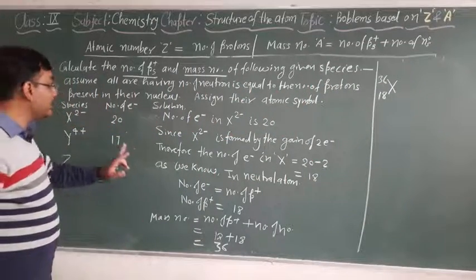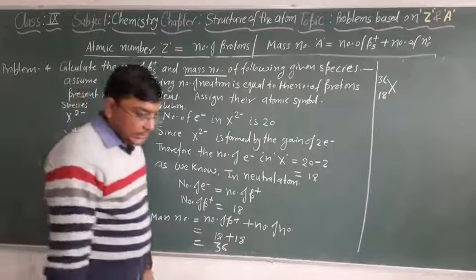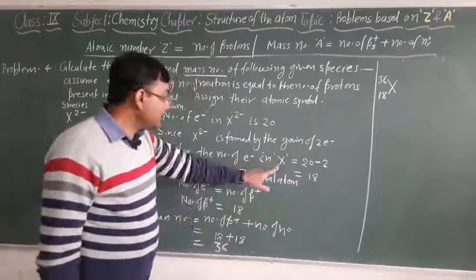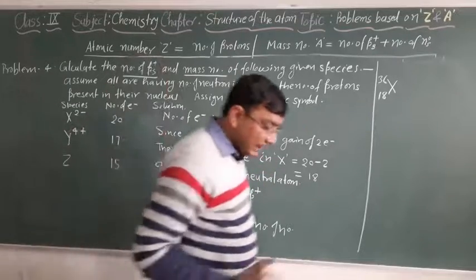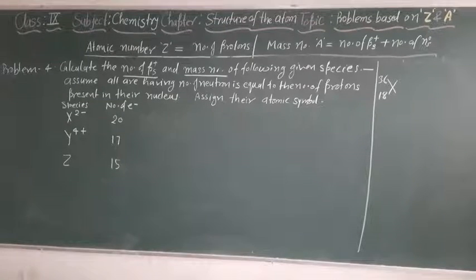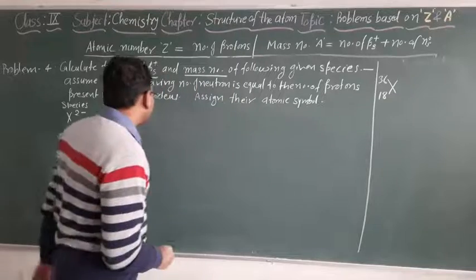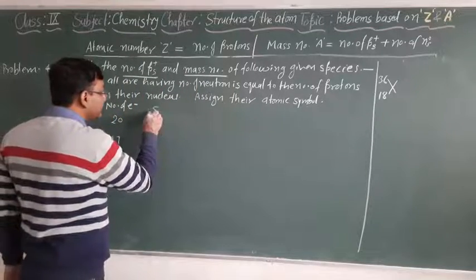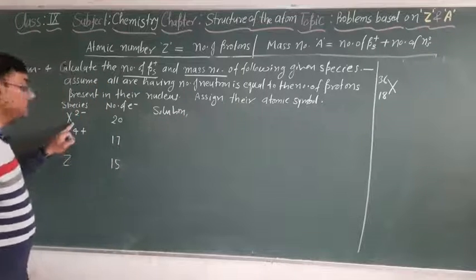We can solve this problem in another way also. This is one method: calculate the number of electrons in the neutral atom. Another method I will tell. Let us see another method. Solution. This is an anion.